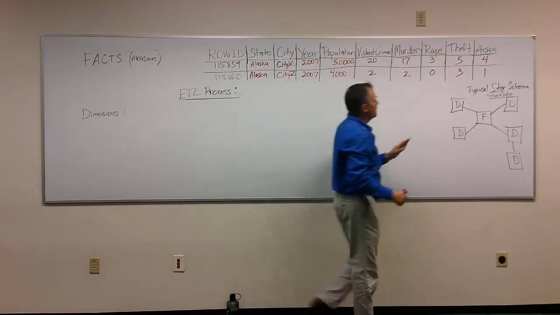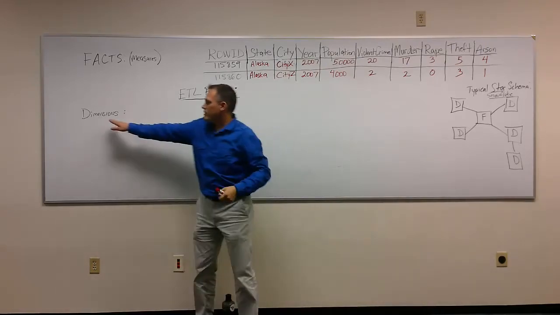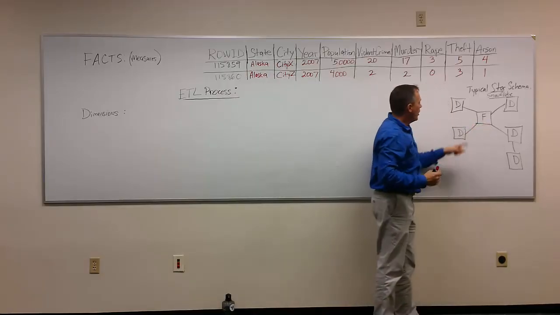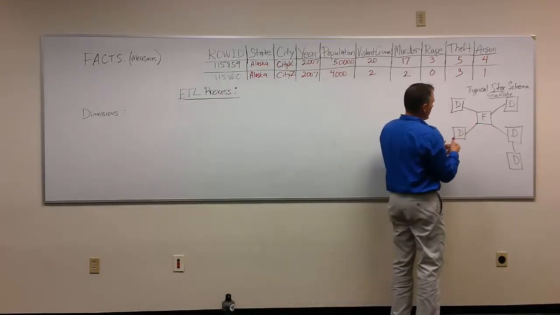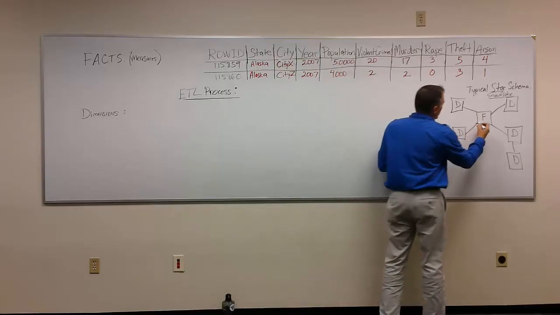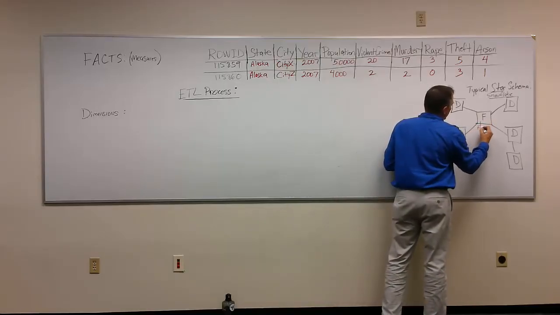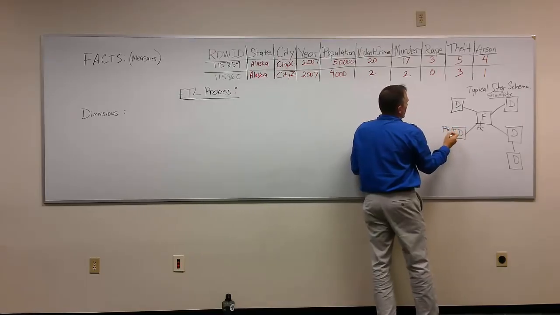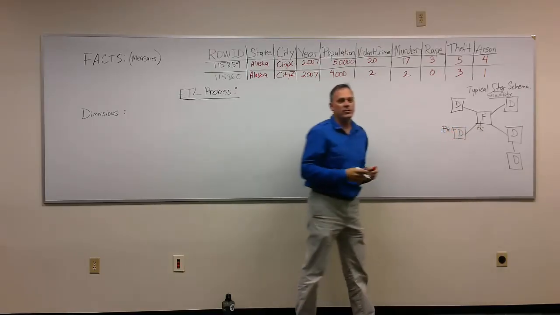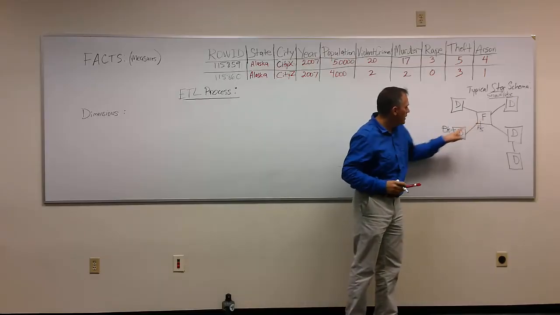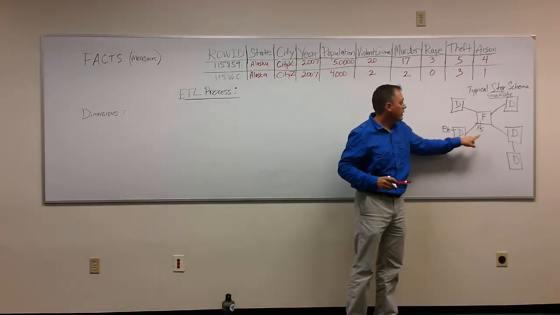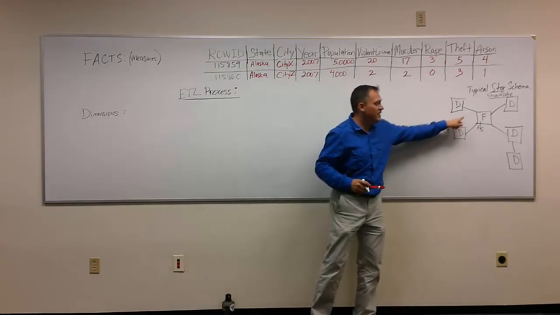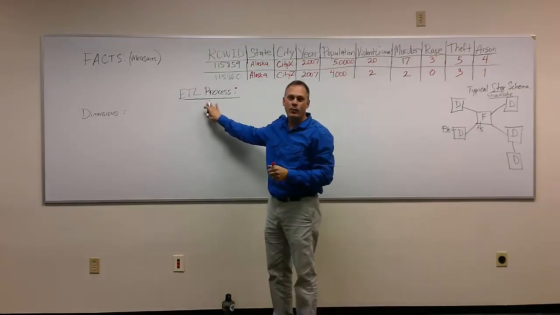Once we identify the dimensions, we will build a relationship that logically says that inside the fact table are going to be sets of foreign keys that point to primary keys in the dimension tables. So we're going to have a foreign key to primary key relationship between a fact and a dimension table. I'll drill down into this in detail once we get to the ETL process.